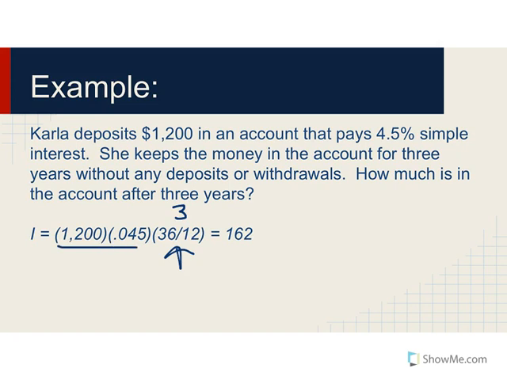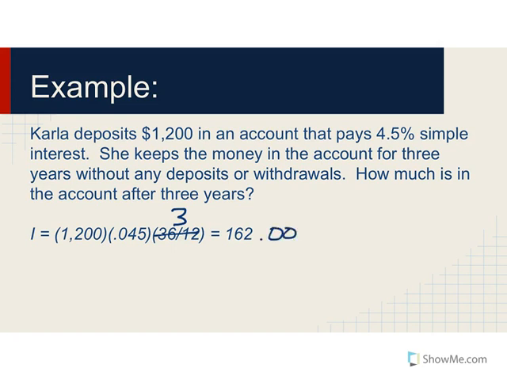You would multiply all 3 numbers first, and then divide by that 12. Or if you kept it as a 3, then we multiply everything straight across, leaving us with 162.